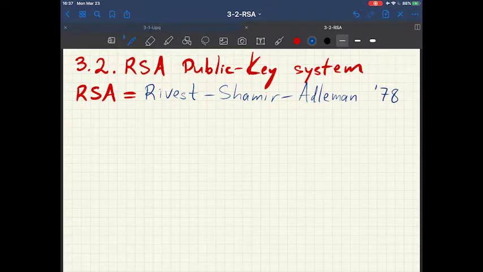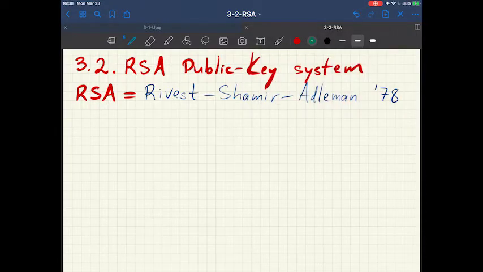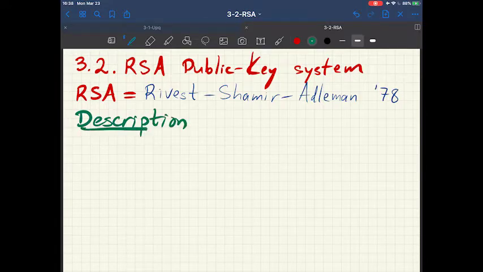So, what is the description of the crypto system? Let's start with the public parameters.